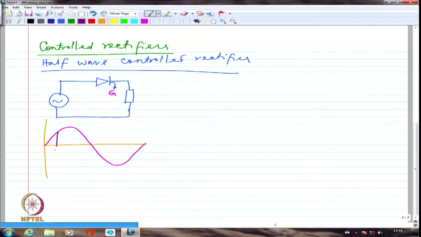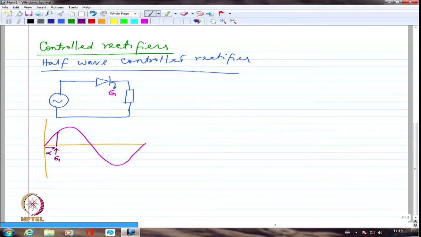If I give a gate pulse at this point, this is the angle normally specified in all the textbooks as alpha. Alpha is the angle at which I am going to give the pulse to the thyristor. So this particular angle is the delay angle or firing angle.